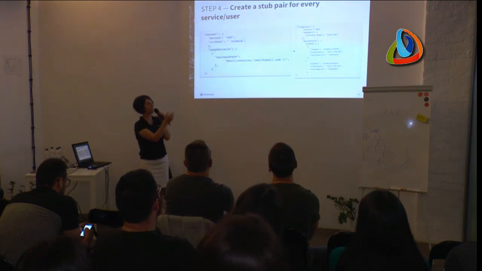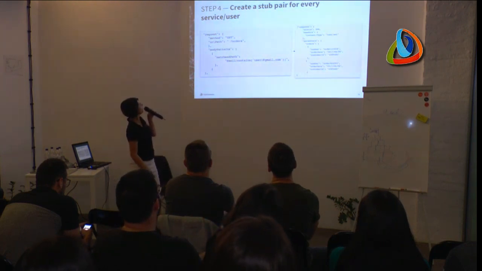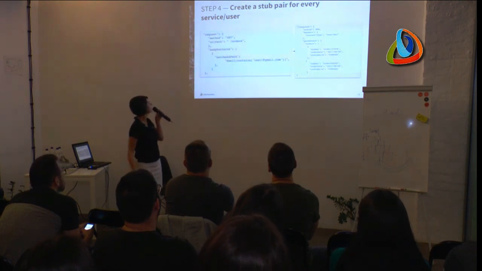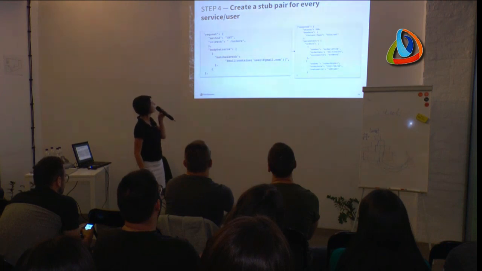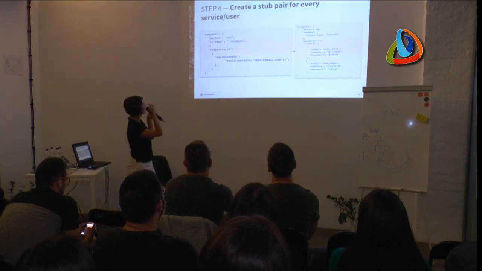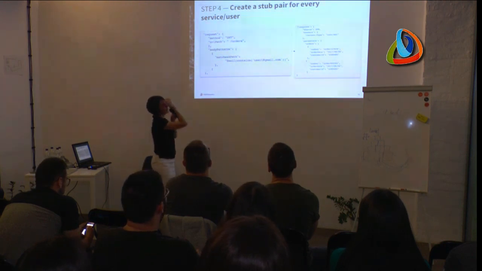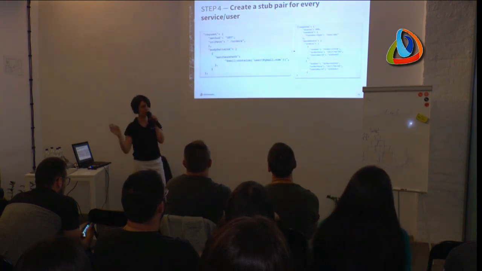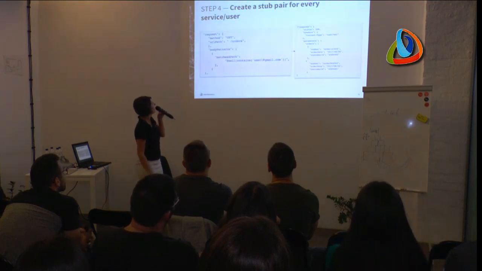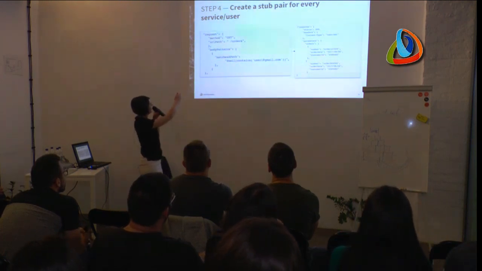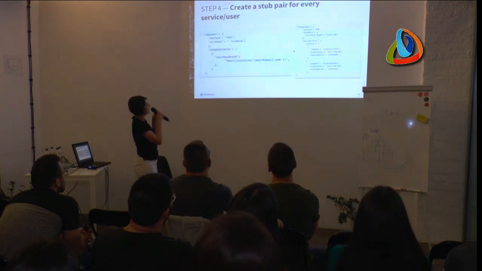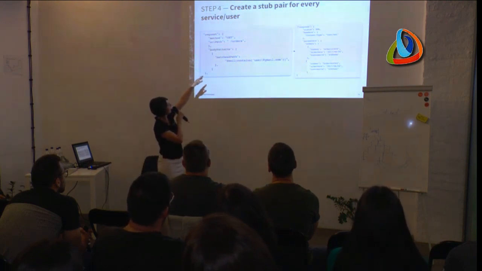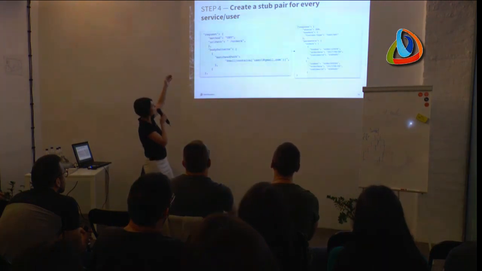How does it look? Maybe not a very high quality slide, but okay. This is a request. We use WireMock, for those who know what it is. This is a request in JSON, and in this request we wrote get orders, for example, for some user.